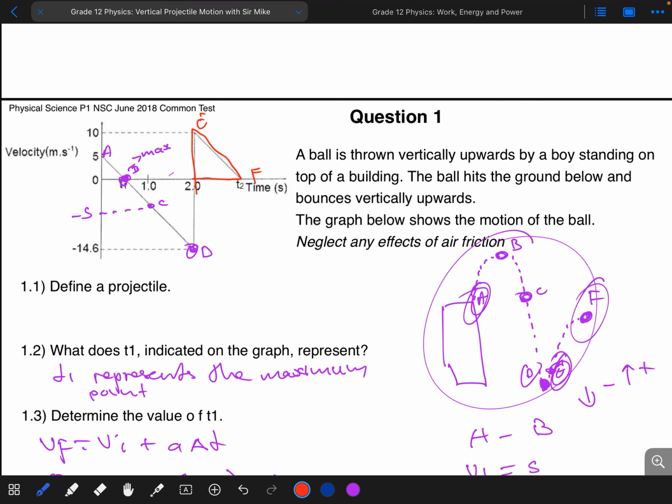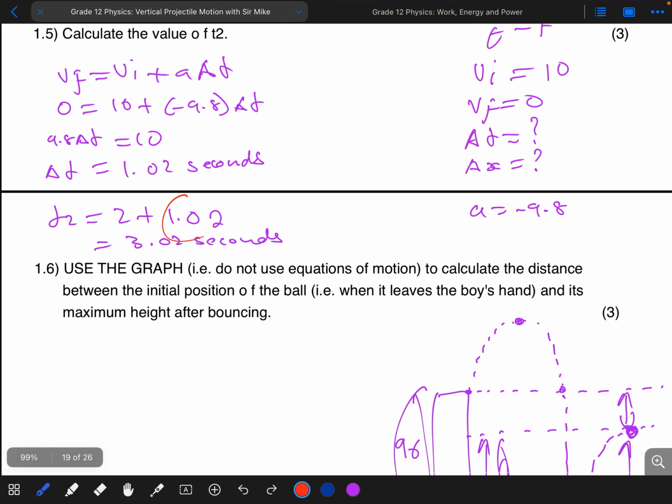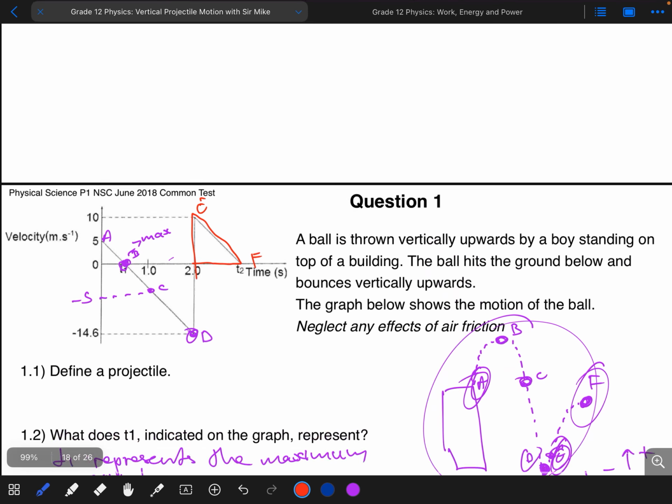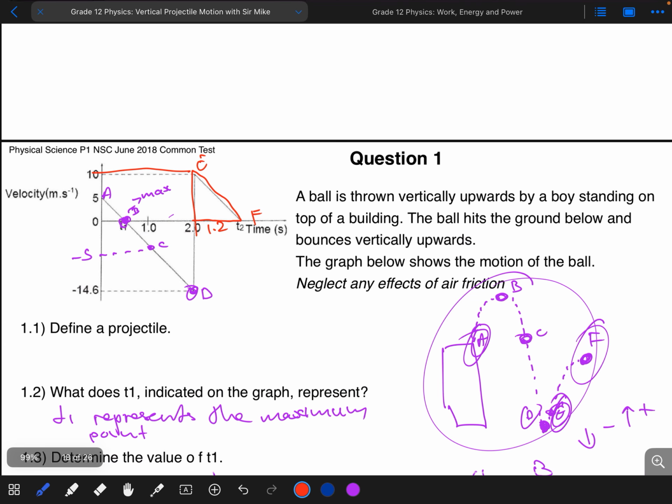Our time between those 2 points would simply be 1.2 seconds, that distance there. And the height would simply be that 10 there, from the origin to that height.